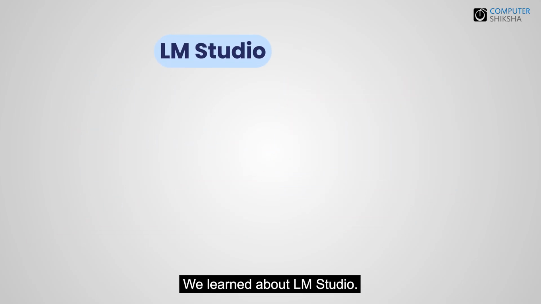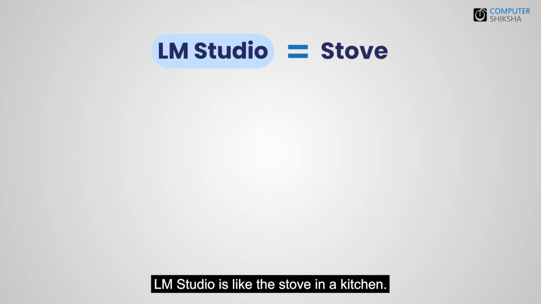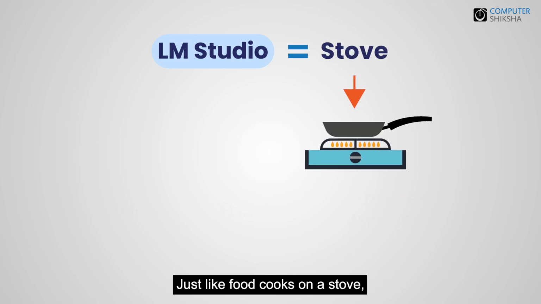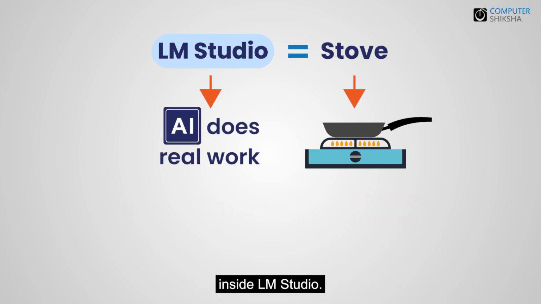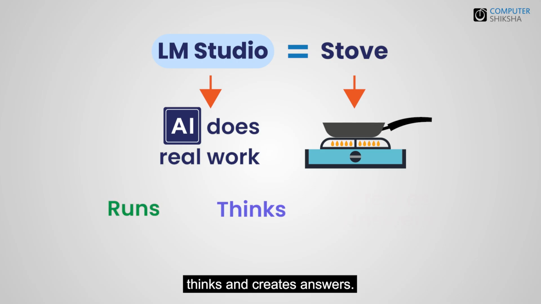We learned about LM Studio. LM Studio is like the stove in the kitchen. Just like food cooks on a stove, in the same way, AI does its real work inside LM Studio. This is the place where AI runs, thinks, and creates answers.